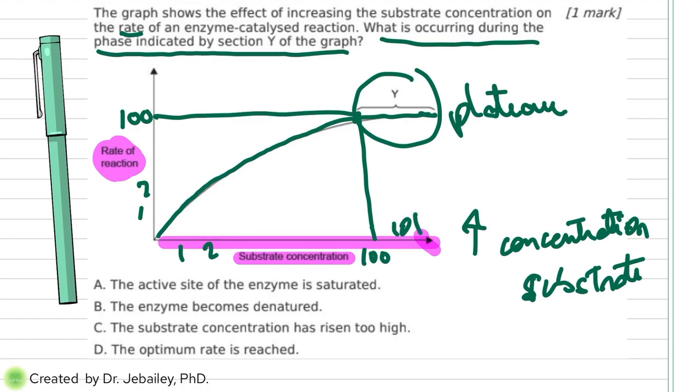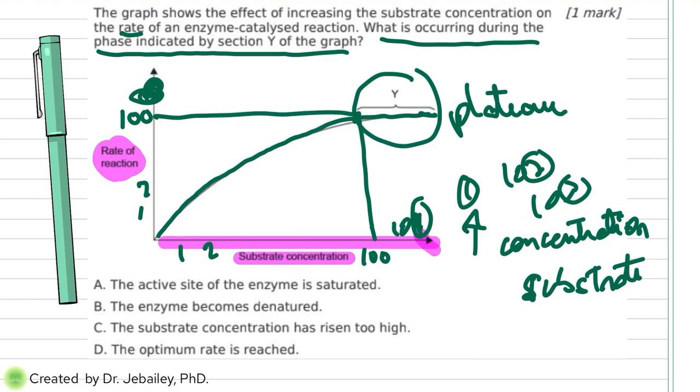But at 101, there are no extra enzymes anymore, so the extra substrate cannot do any function. The one will stay waiting. If you put 102, two of them will be waiting. If you put 103, all the extra substrates above 100 will have to sit there and wait because all the enzymes are already working. So you can't speed the reaction because all the enzymes are occupied.